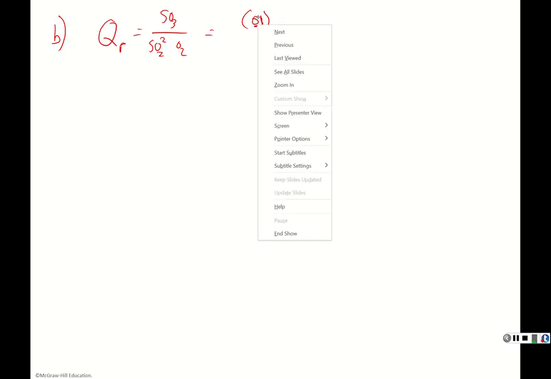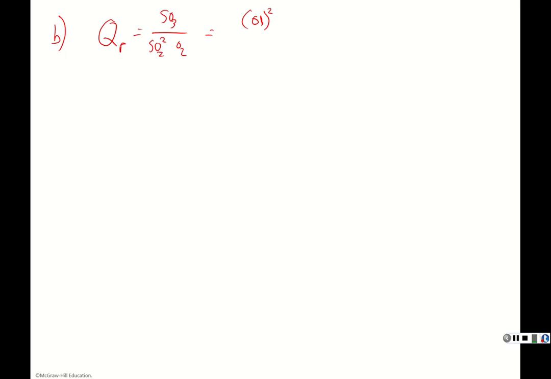Let's just erase that. So 0.1 over 0.5 squared times 0.01, and that comes out to be 4.